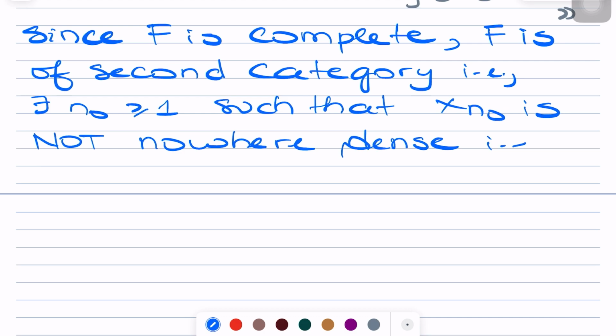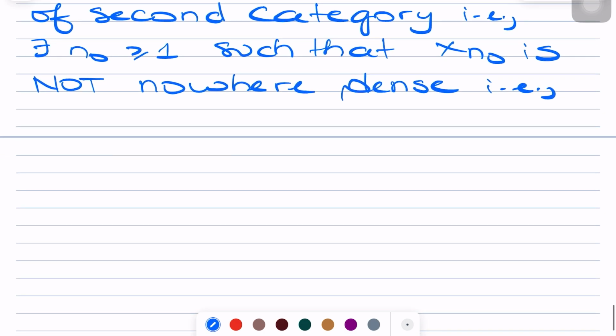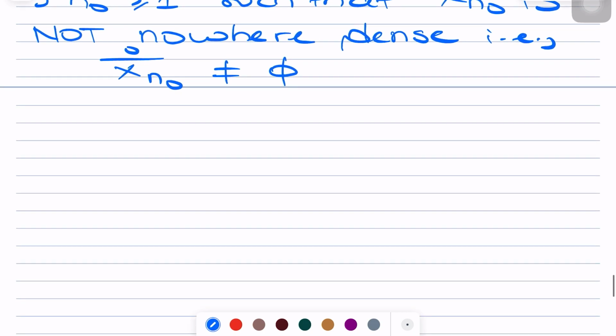That means the interior of the closure is non-empty. But Xn0 is obviously closed, so this means the interior of Xn0 is actually different from the empty set.